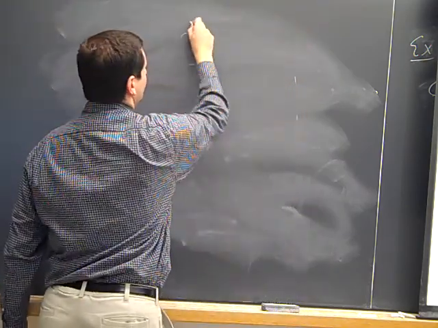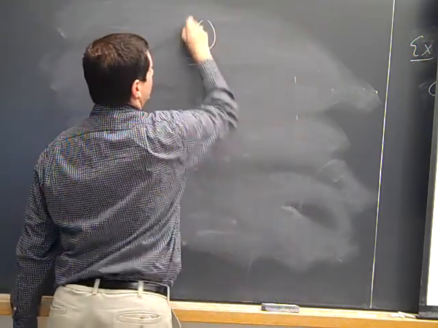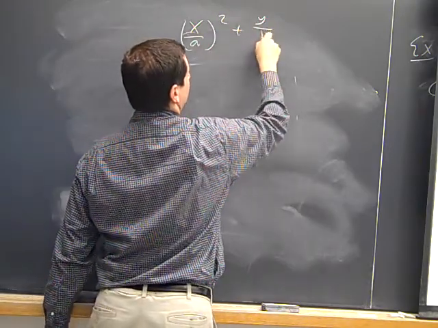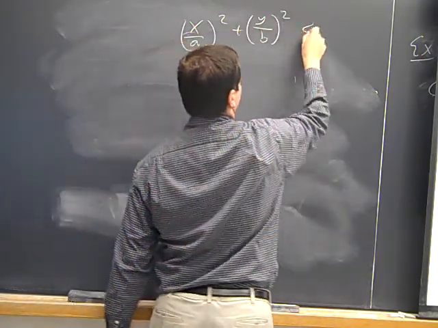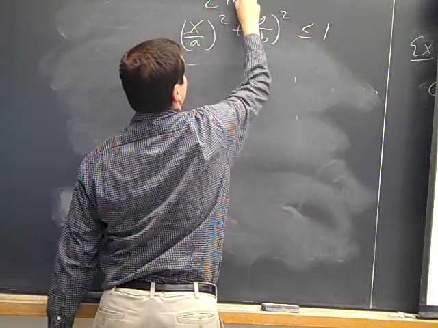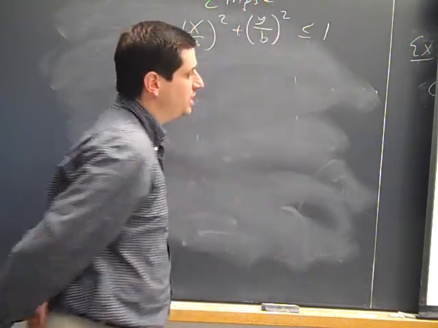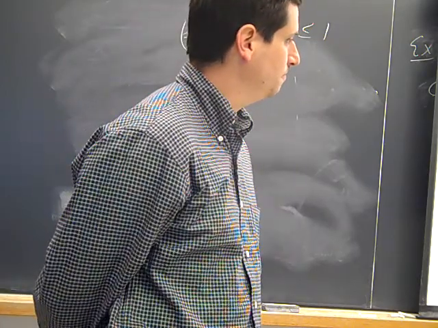You need x over a squared plus y over b squared is less than or equal to 1. Looking at this, what would you guess is a? What would you guess is b?